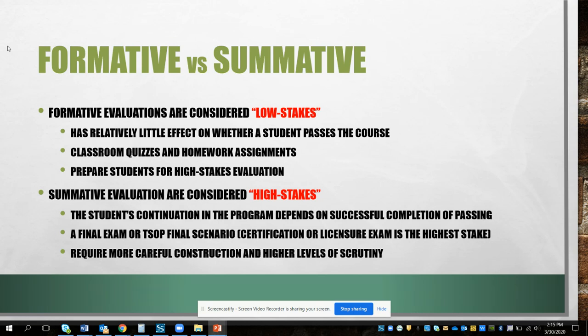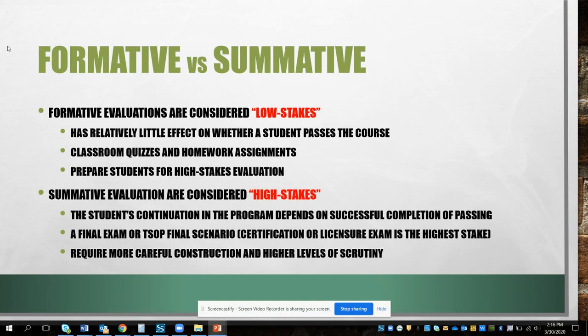Specifically with written assignments, which we're going to get to in a moment, we've got to prepare them for those high stakes. If we're not asking questions the same way that we will be in a high stake exam, they're not going to be prepared. That's why we have got to gear them up for that from the very beginning.